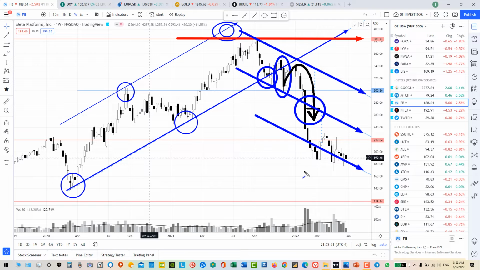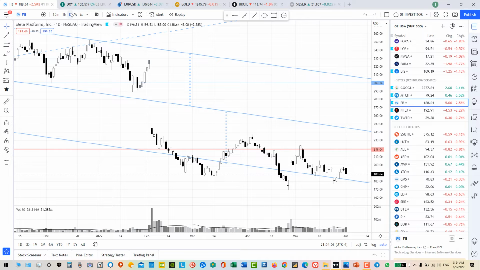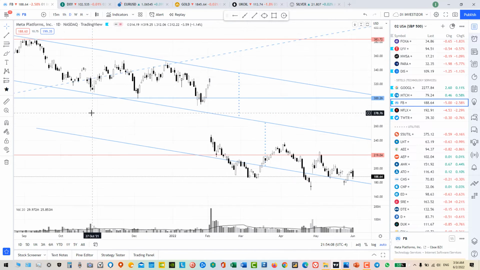And as we can see over the short term, it also broke another key monthly long-term support at around 220. Now let's have a look at the short-term details over the daily chart.